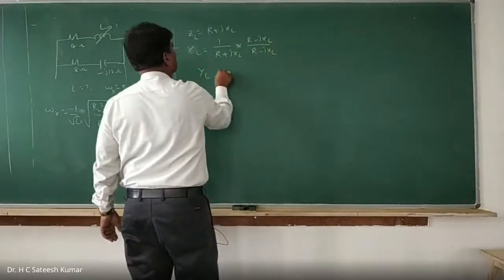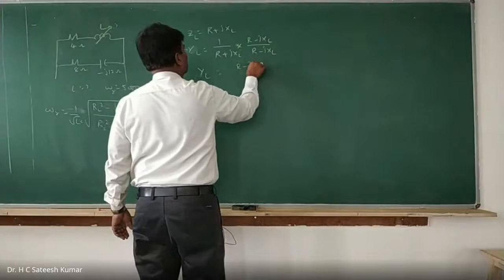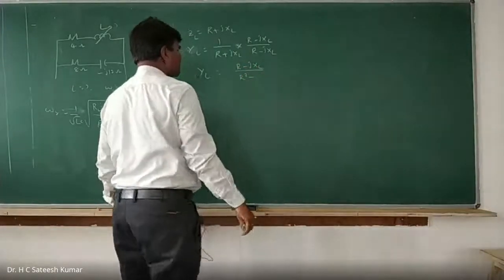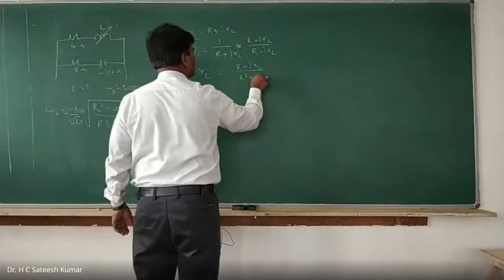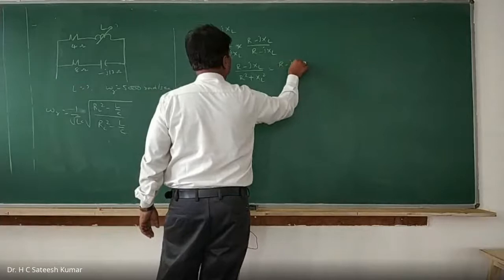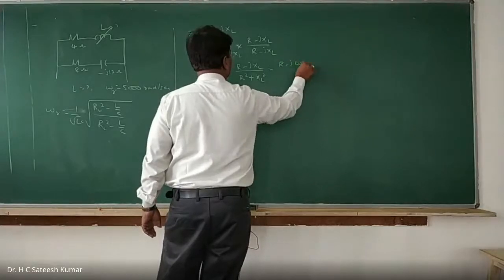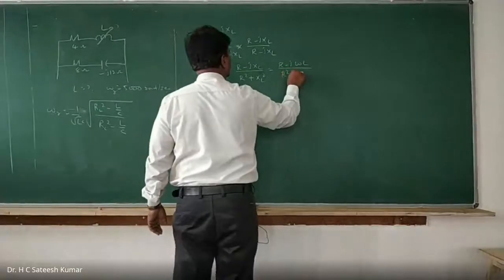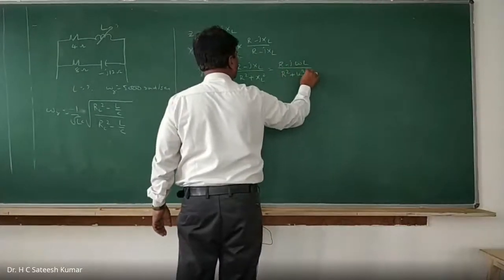Therefore YL is equal to R minus JXL divided by R square plus XL square, which is R minus J omega L divided by R square plus omega squared L squared.